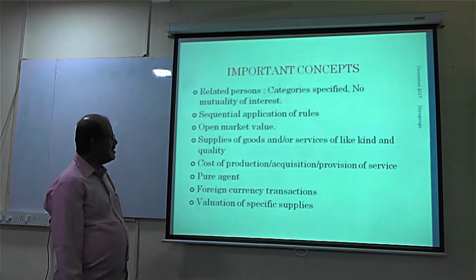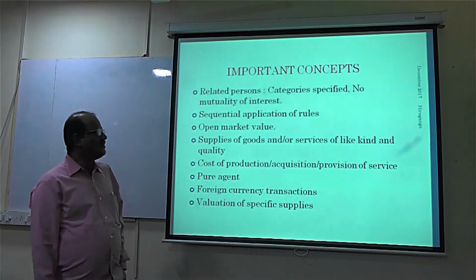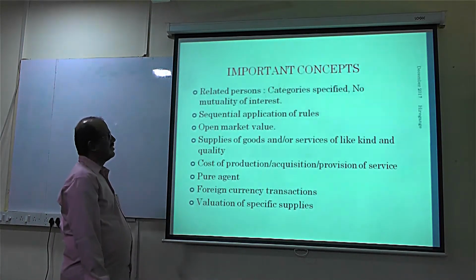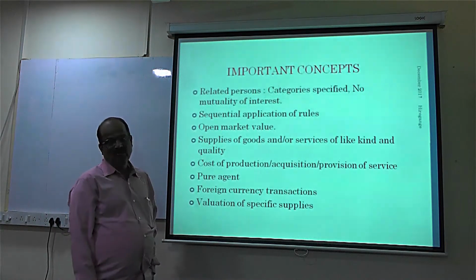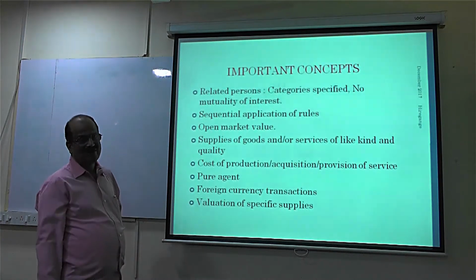However, there is a major difference between the concept of related person in the central excise law and the GST law. The major difference is that in GST law, the categories of related persons have been specifically mentioned.